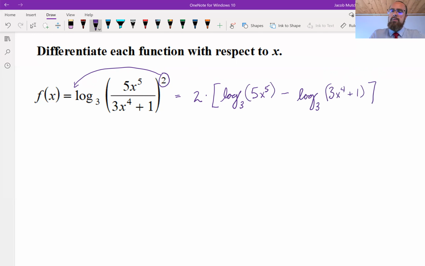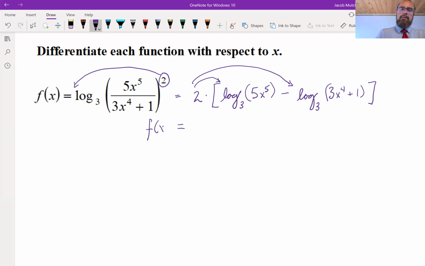So with that expansion, what I'll do then is distribute back this 2 just to simplify the differentiation process. So what we're going to work on is this version of f of x.